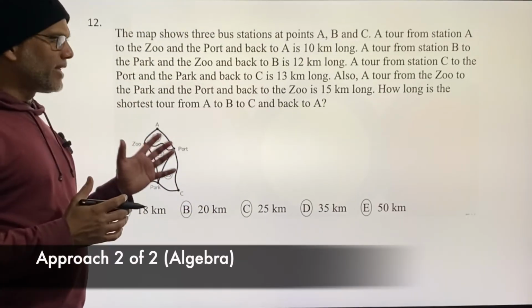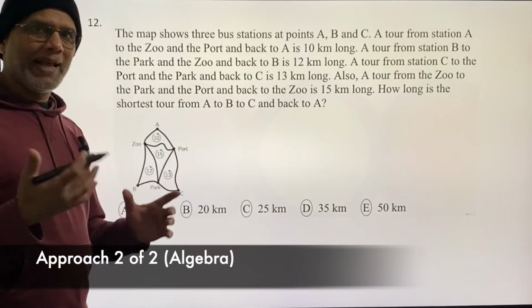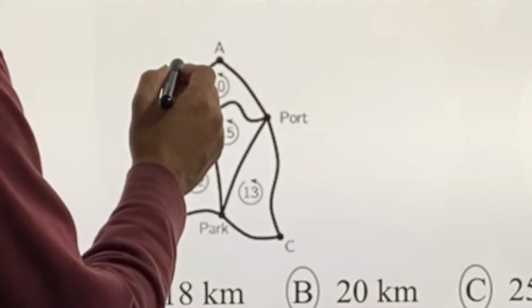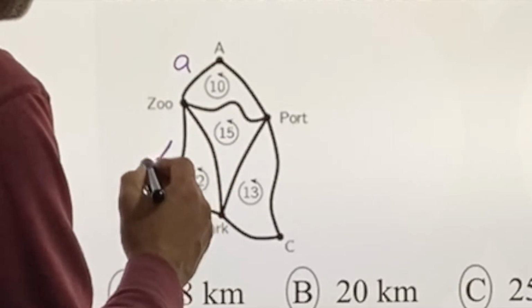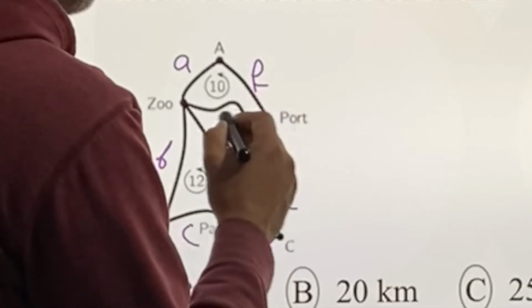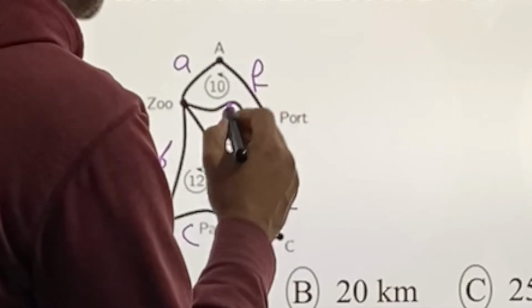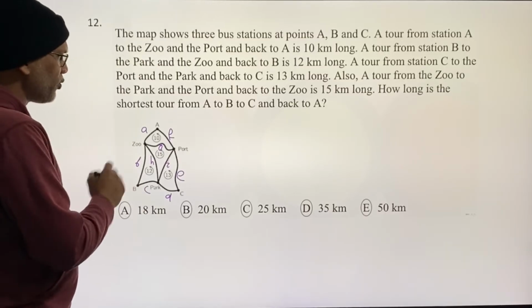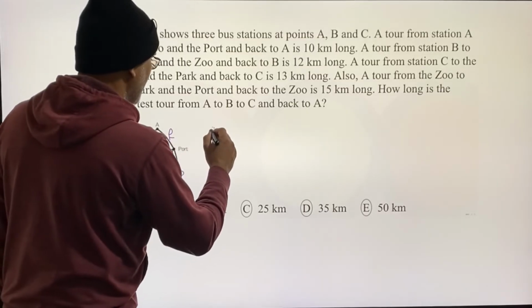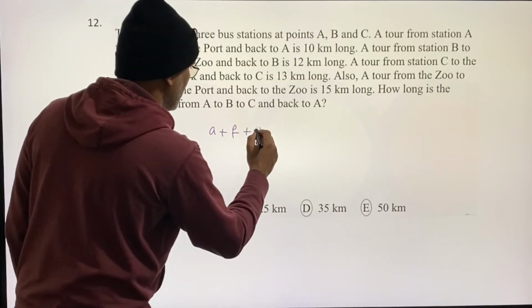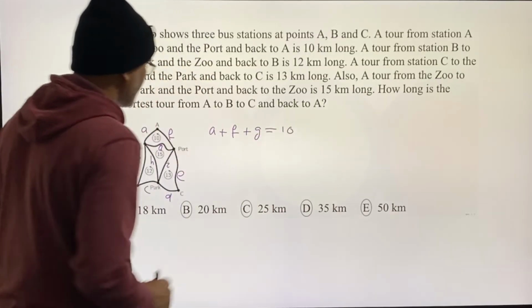You can also do this in a little bit more formal algebra way. So let me name each side. Let me call them A, B, C, D, E, F. This is G, H, I. All right. So what is given to us is A plus F plus G is 10, right?